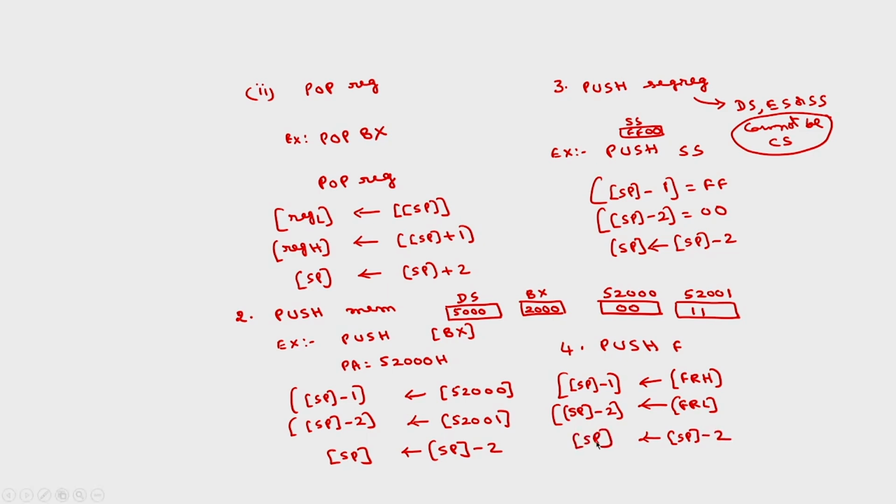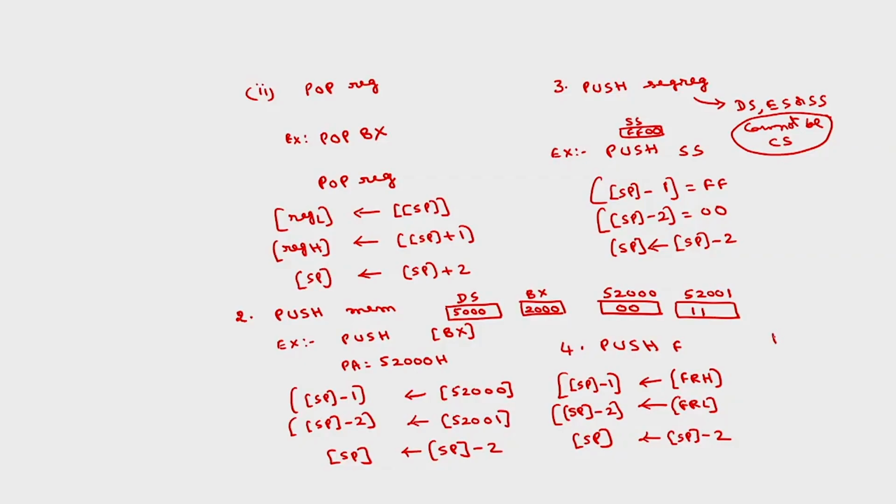So there are 4 different push instructions: pushing the contents of a register, pushing the contents of any memory, pushing the contents of a segment register, and pushing the contents of the flag register. Similarly, we have 4 opposite operations which are pop operations, as I have discussed here.